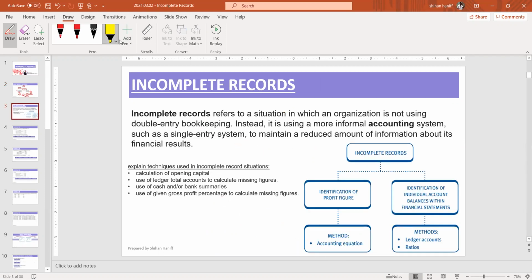Then we'll understand what is meant by incomplete records.